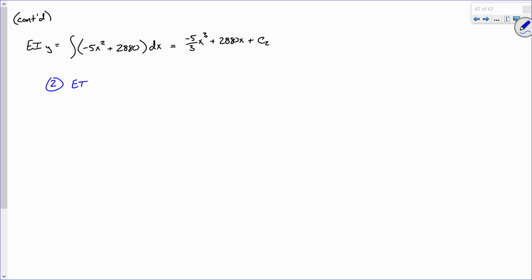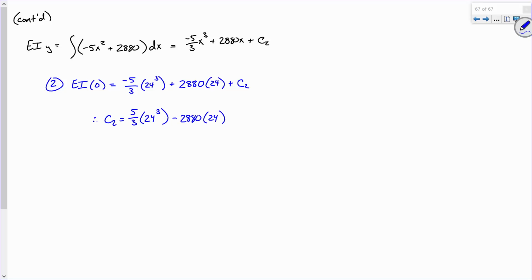And now we can deal with C2. So EI times 0 equals minus 5 over 3 times 24 to the third, plus 2880 times 24, plus C2. So C2 equals 5/3 times 24 to the third minus 2880 times 24.